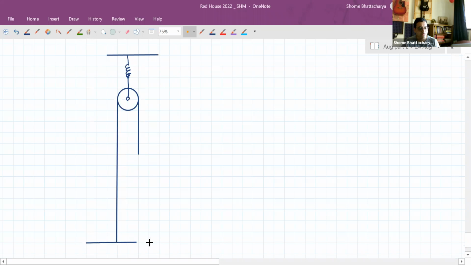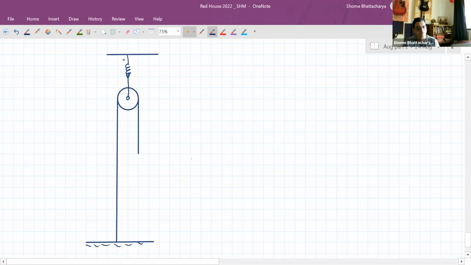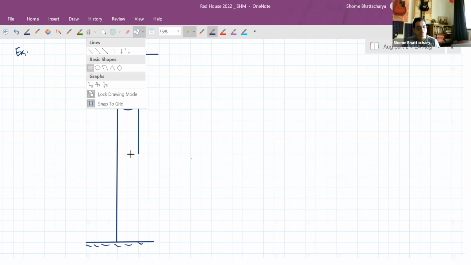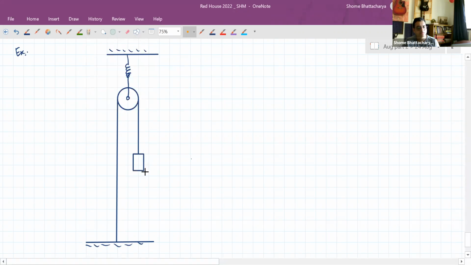The thread is fixed to the floor at one end, and it's fixed to a mass block at this end. So this is a massless smooth pulley. It's an ideal spring. This is massless thread.